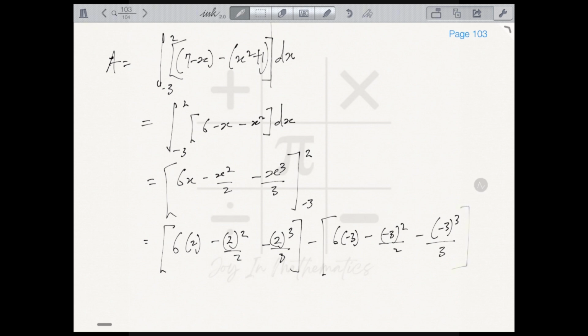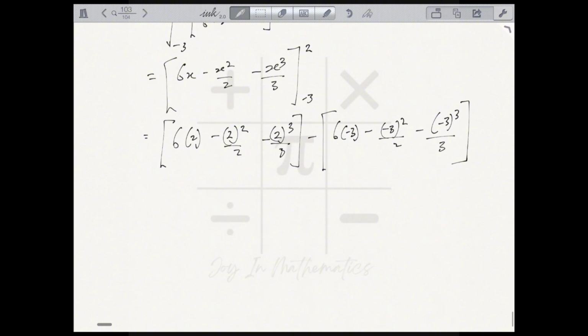Therefore, simplifying this, we have 7 1 over 3 minus minus 13 1 over 2. And in conclusion, our final answer will give us 125 over 6 square units.